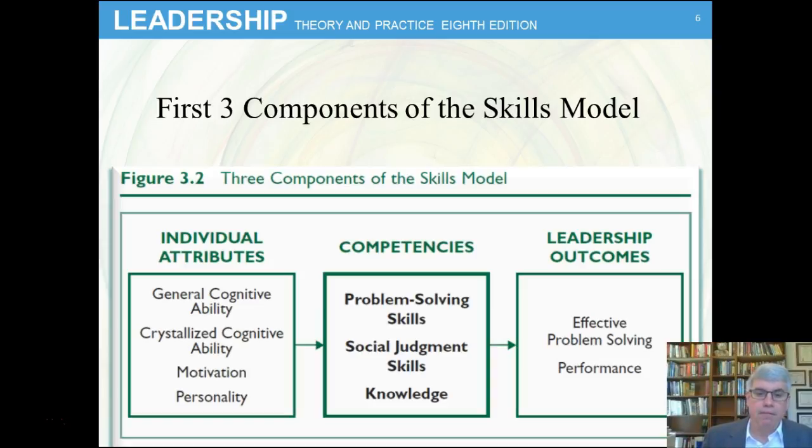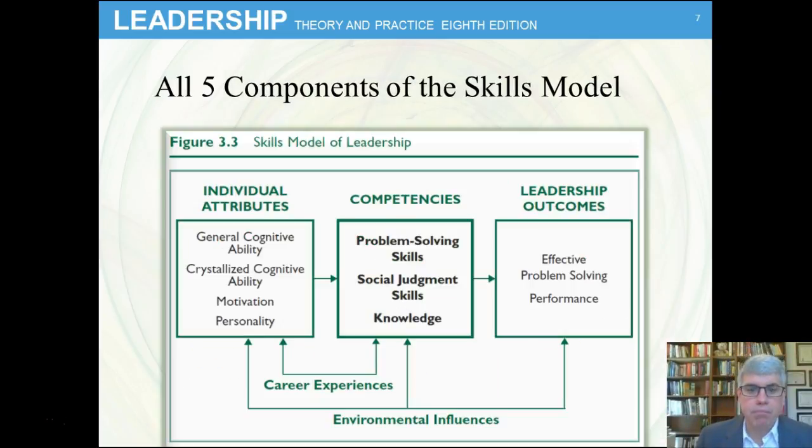So we start off with these first three components of the skills model: the individual attributes or traits. We've got competencies, which are skills that can be learned. And then we've got the leadership outcomes, which measures, is leadership really being exerted?